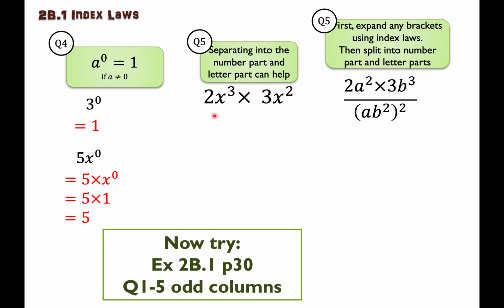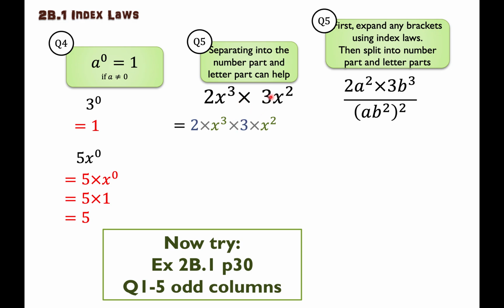Let's try, now we've got numbers and letters, and they're all mixed up. If you're multiplying numbers and letters together, I like to separate it into the number part and the letter part. So here, we've got 2 times x cubed. In between a digit and a letter, there's an invisible times sign that you can imagine right here. That's why I've drawn it there. Then I copy that times sign down and copy the 3 down.